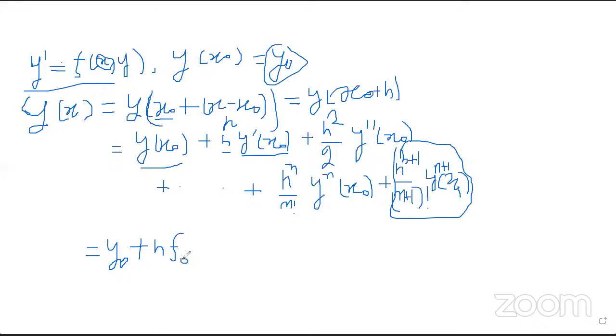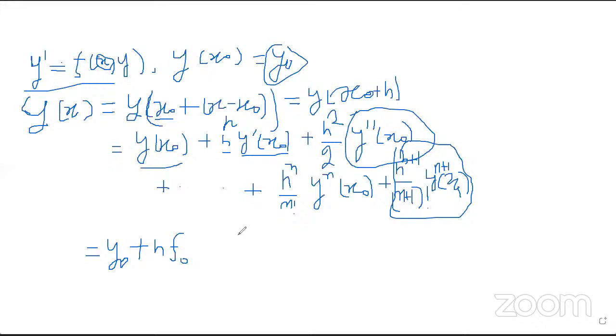F naught means f at x naught comma y naught. So this is given. Now we are coming to the third one, whether this y double prime at x naught is known, because f is known to us. So these two terms are now known to us. So now we talk about the third one.